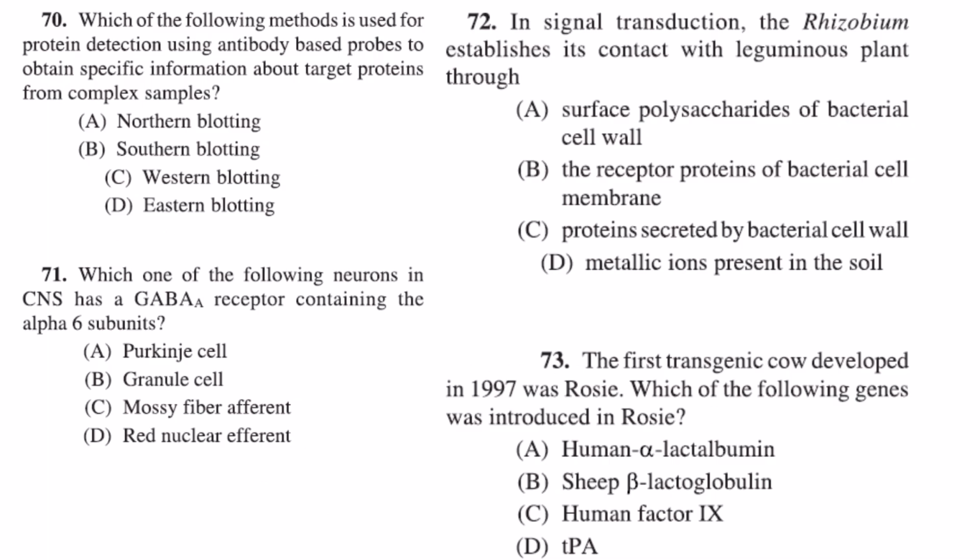Then which of the following methods is used for protein detection using antibody based probes to obtain specific information about target protein from complex samples? That is your Western blotting. Southern blotting is for your DNA detection systems. Northern is for RNA. There is no Eastern blotting as far as I know.